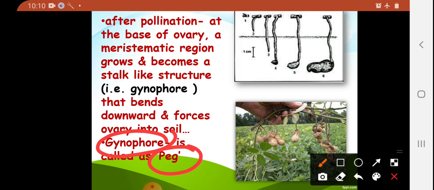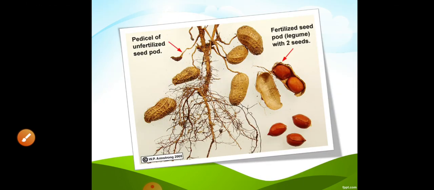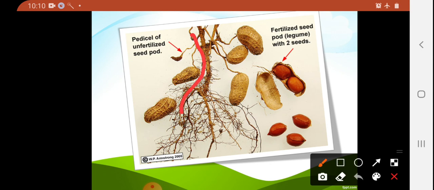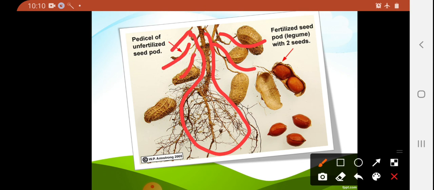So it is an important, critical growth stage of this groundnut crop, that is peg formation. Okay, keep in mind. Here you can also see in this photograph the root system and here are the pegs on which these kinds of pods are present in groundnut.